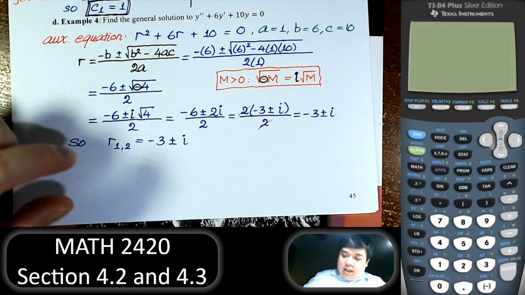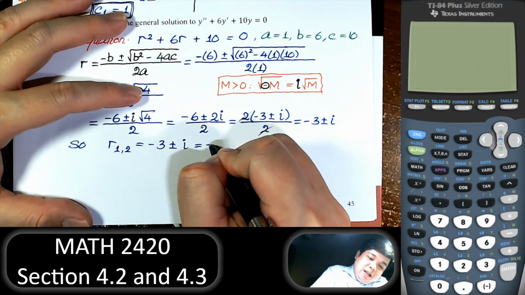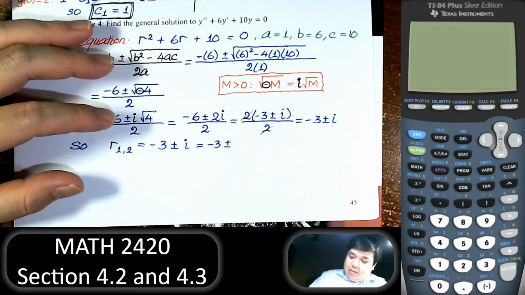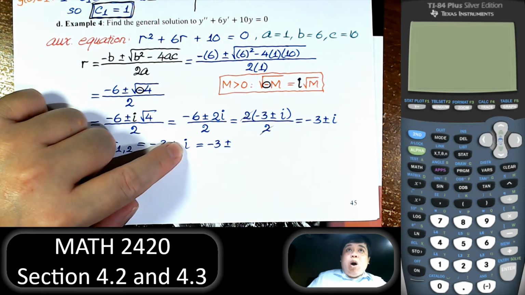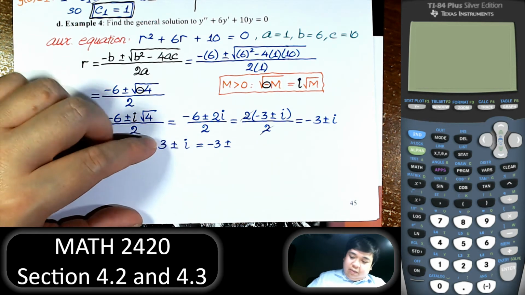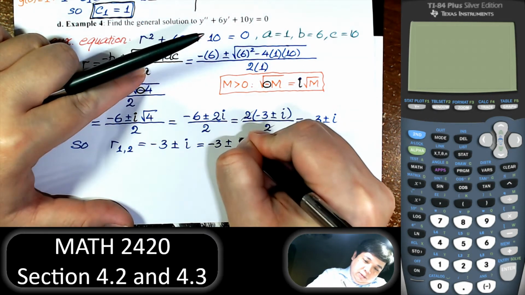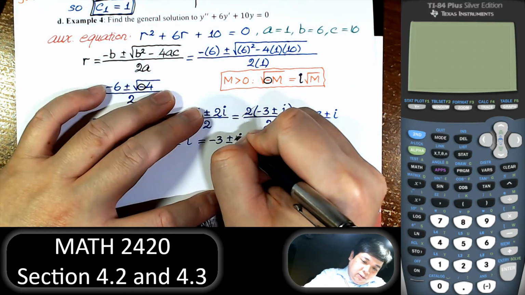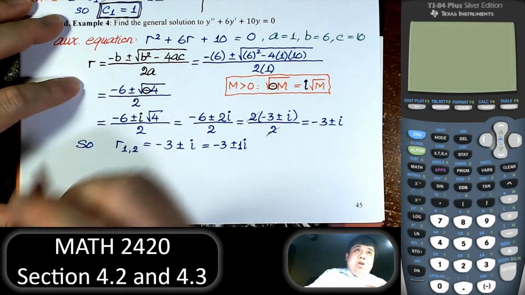So in that case, we write negative 3 plus or minus i times 1. Right, so that is the solution to the auxiliary equation.